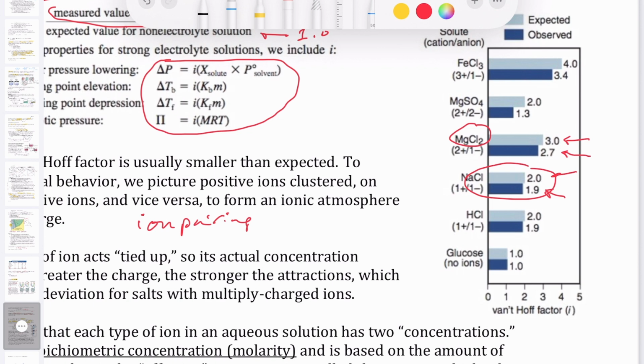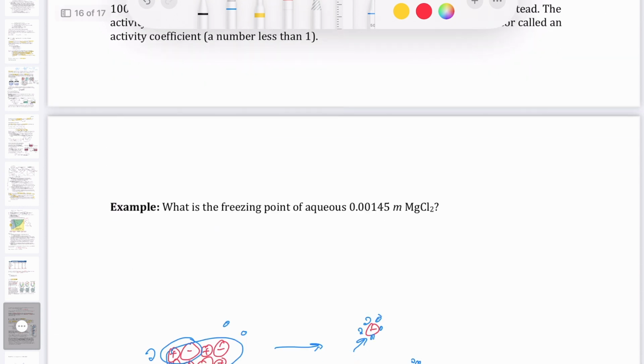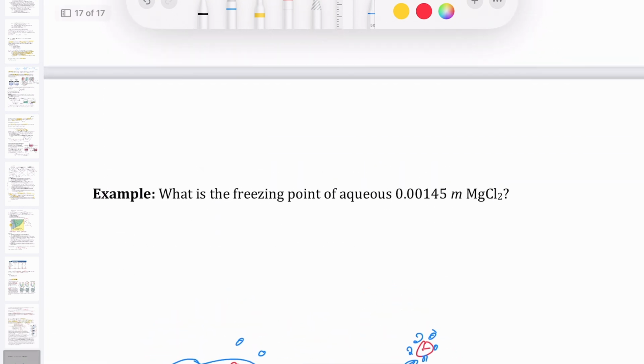Now, I'm not expecting anybody to memorize what the actual observed i is compared to the theoretical i. When you do calculations with colligative properties, you just use your theoretical i to make your calculation, okay? Let me apply that idea to a pretty straightforward example: what is the freezing point of aqueous 0.00145 molal MgCl2?